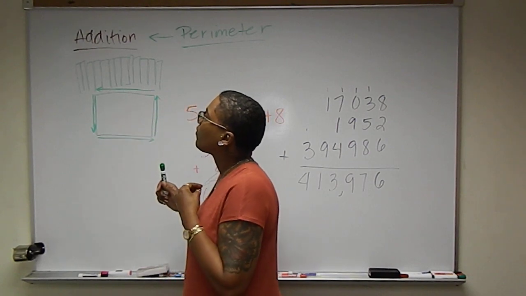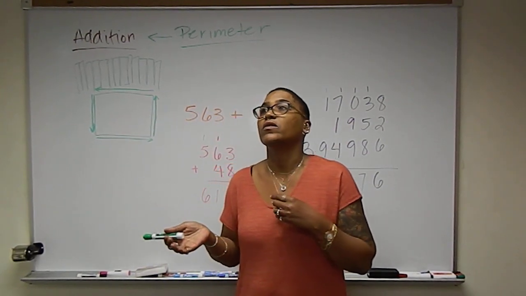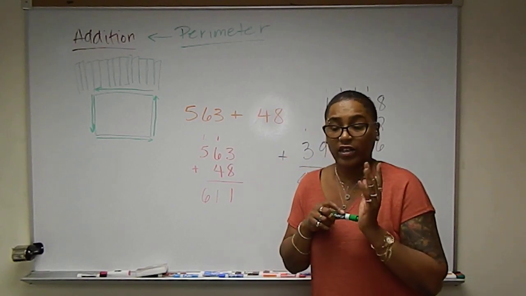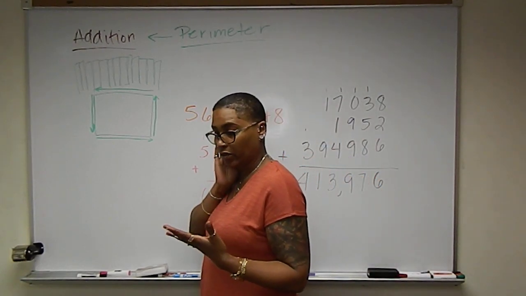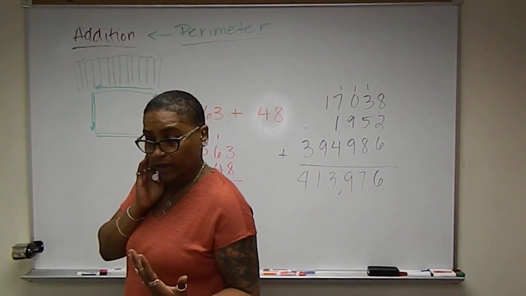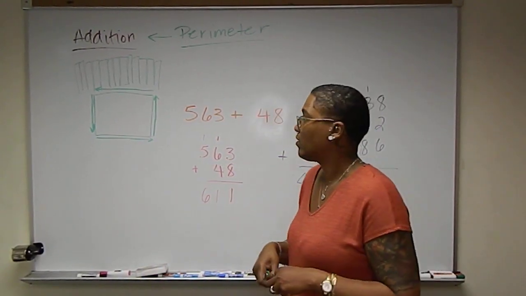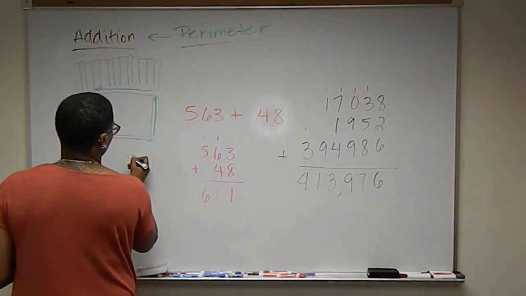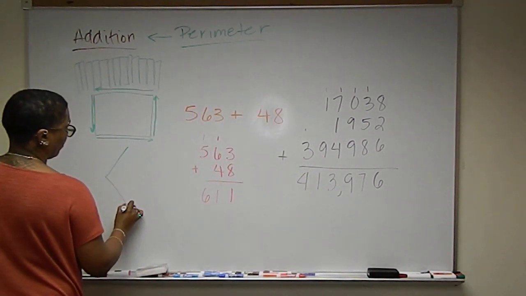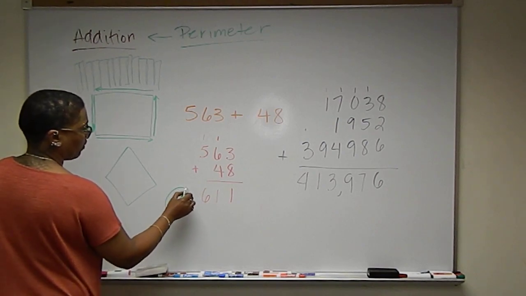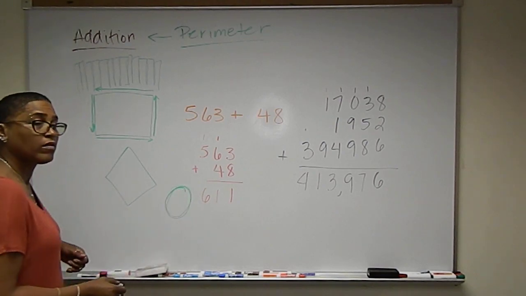When I was talking about perimeter, let me also say, when I was trying to make my own definition, I chose the word rectangular or square, but it's not limited to that. You can find the perimeter of any shape pretty much. Although if you're looking for the perimeter of a circle, it has its own name.